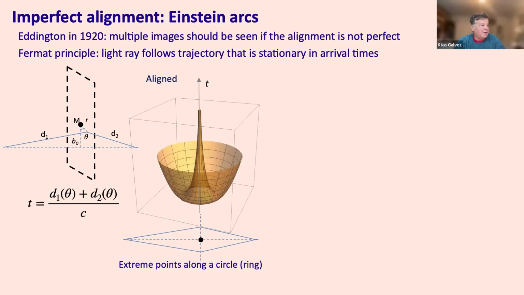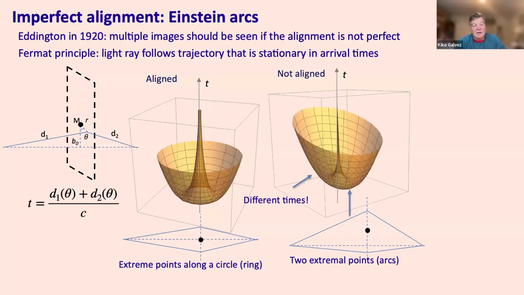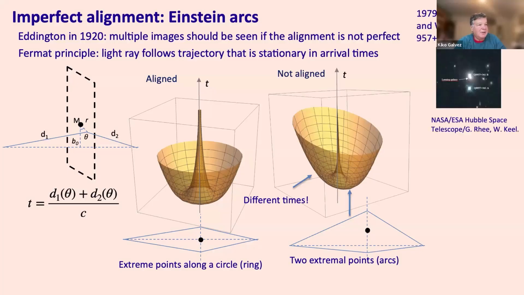If we have perfect alignment, the path that the light takes is a minimum in the time. The arrival time is a stationary point. In the case of perfect alignment, it is a circle, and in the case of non-perfect alignment, you have a saddle and also a minimum, and then you get arcs.